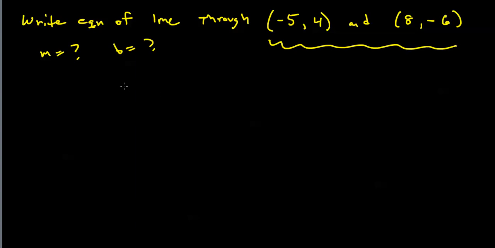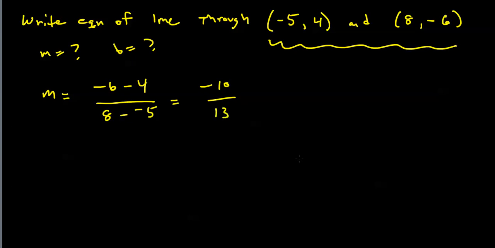So first I will compute the slope of this line through my slope formula, y2 minus y1 over x2 minus x1. So I get a slope of minus 10 over 13. Alright, a fractional slope. We're going to have to deal with that. So my equation is going to look like this in the end. But again, I don't know the y-intercept, at least not yet.